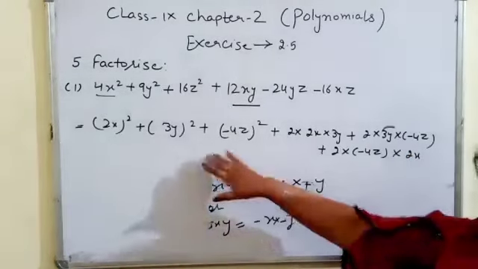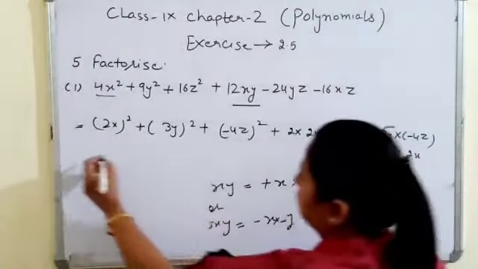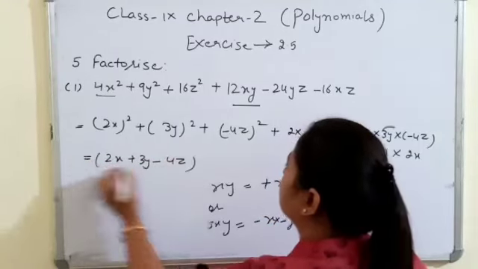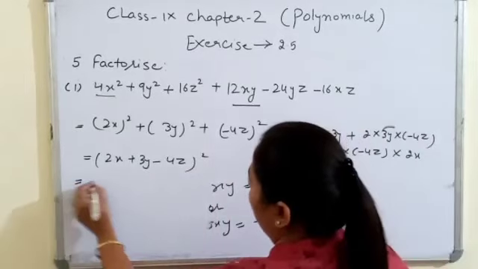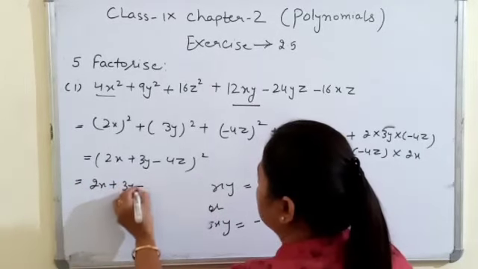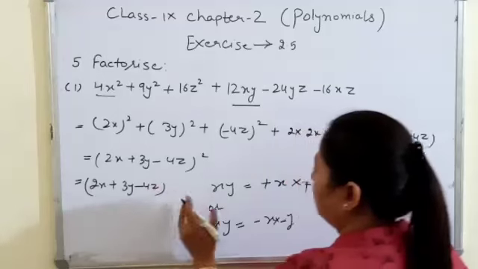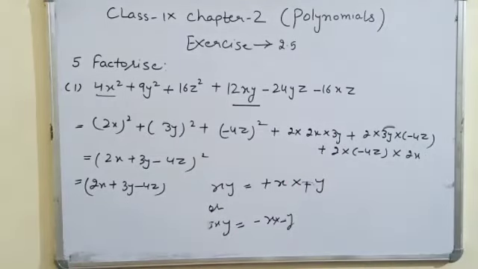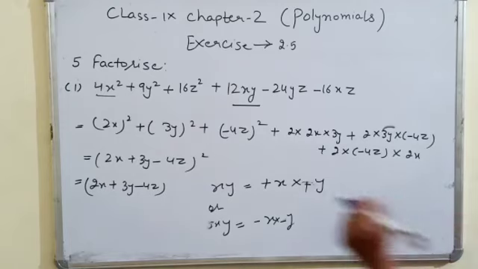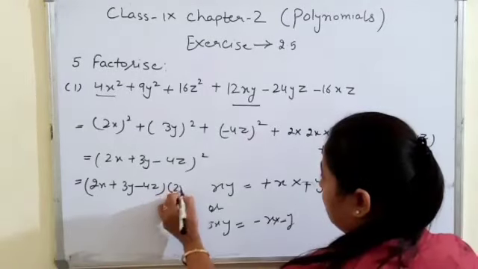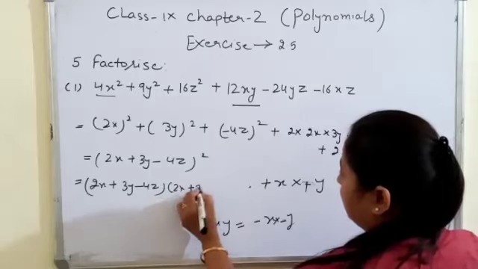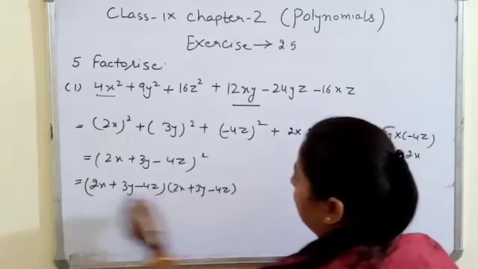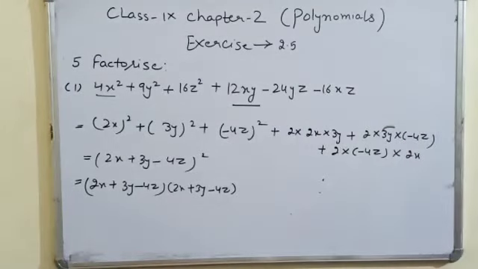So these are the suitable factors, and this is the identity for 2x plus 3y minus 4z whole square. So we can write 2x plus 3y minus 4z, 2x plus 3y minus 4z. This is the result for the first part of question 5.